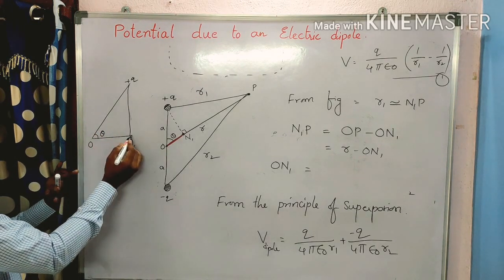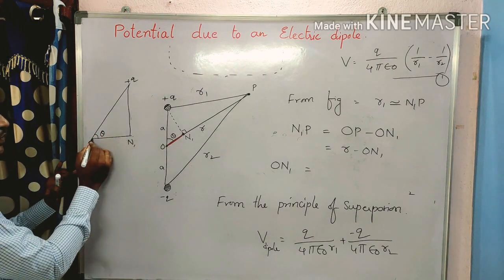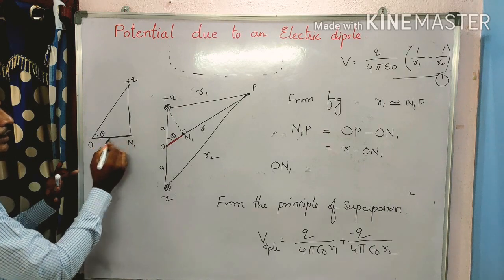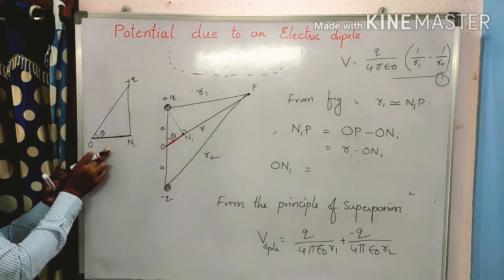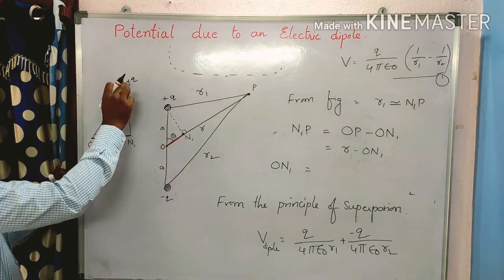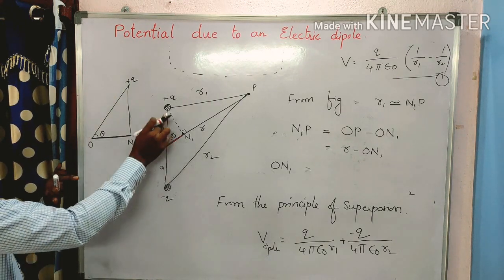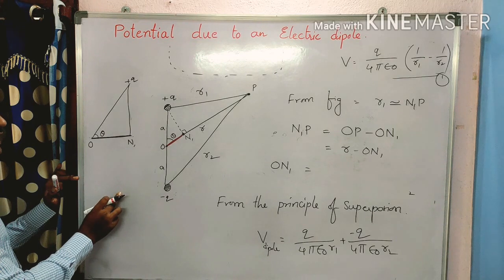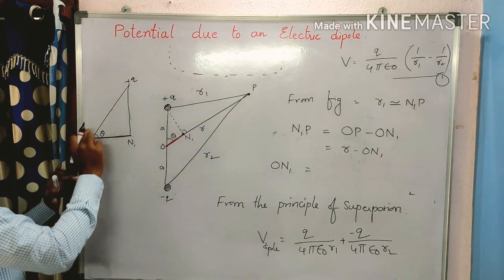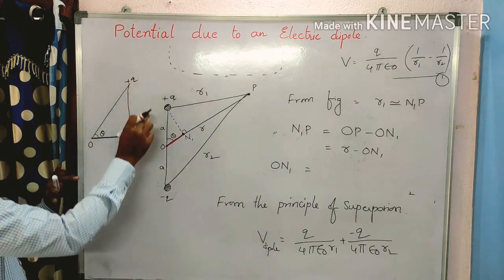Now, ON1, this value should be calculated. This is the adjacent side, and N1 to Q is the opposite side. O to Q is the hypotenuse. What is the hypotenuse value?